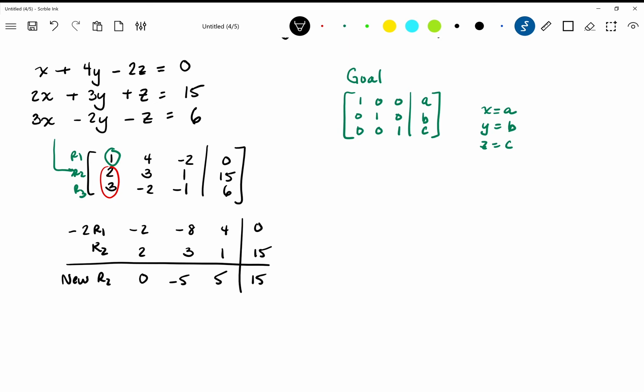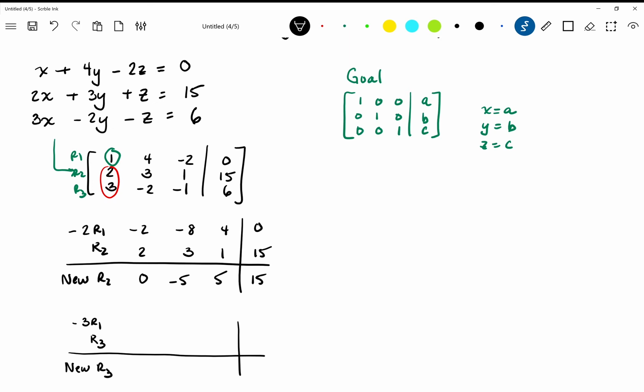At the same time, I'm also going to take -3 times the first row and add it to the third row. So I'm using R1 to fix the other rows. And again, looking at it as elimination of the x variable in each of the equations, that's going to give me a new equation to put in R3.